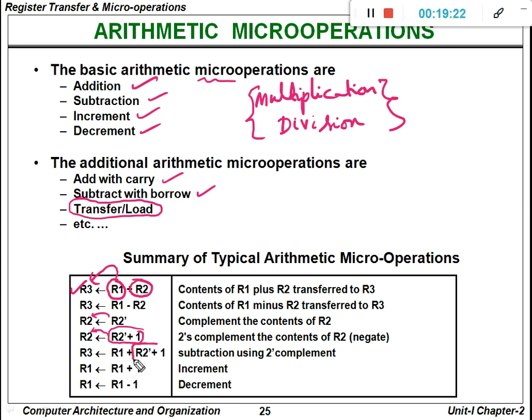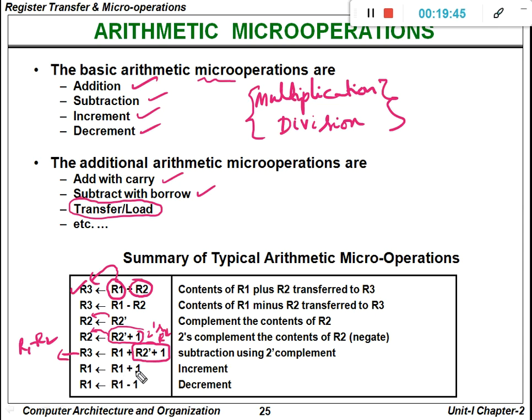What does it mean? R2' + 1 means the 2's complement of R2. We perform the 2's complement of R2, and then this is added to R1. It indirectly means R1 − R2, and the result we are storing in R3.